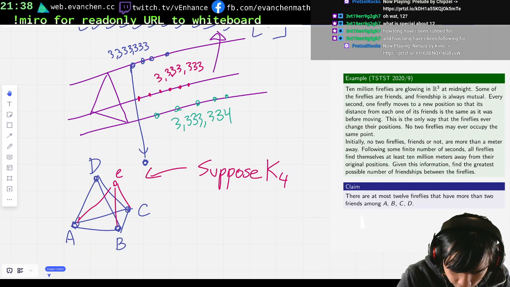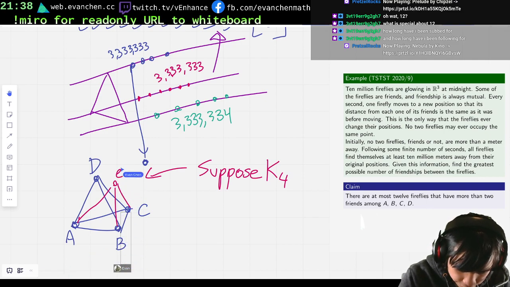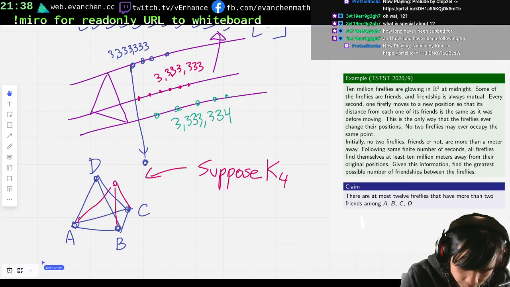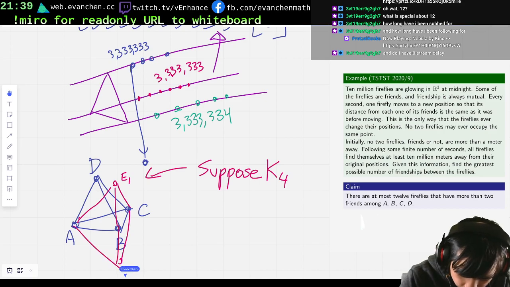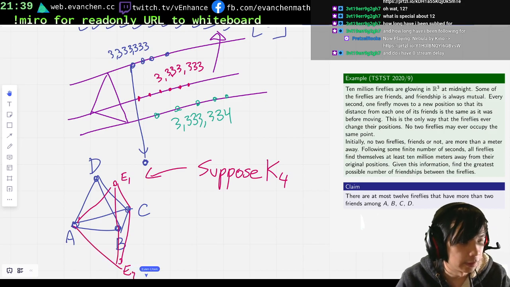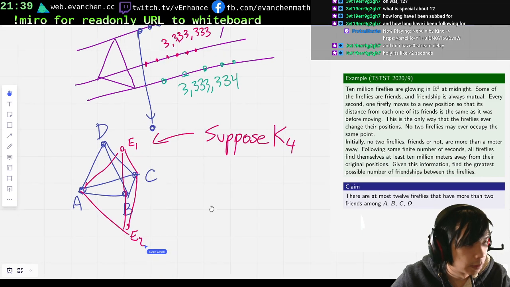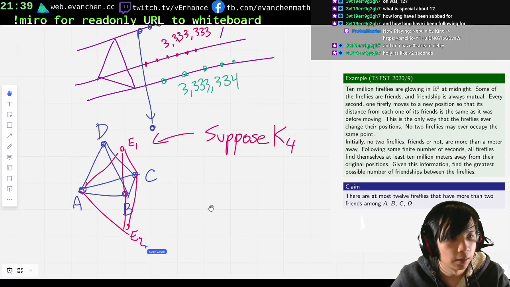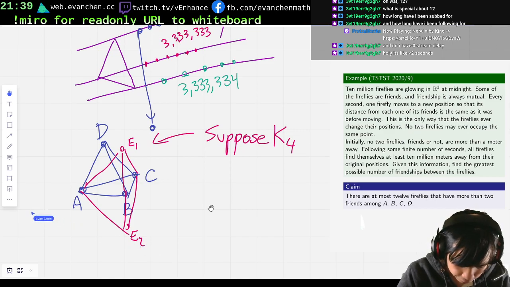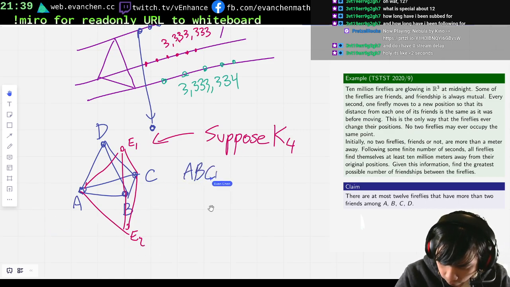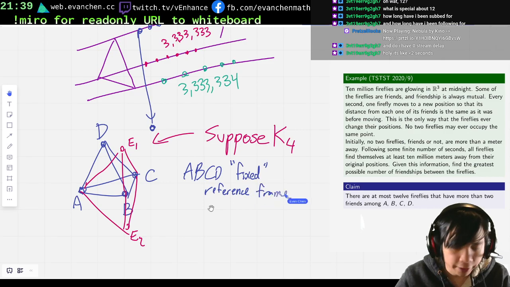For this reason, I want to draw a second E. E is sort of in 2 places relative to the tetrahedron, E1 and so relative to ABC, E can be in 2 places, like this E1 or that E2. So again, I'm treating ABCD as a fixed reference frame, and I'm considering the position of firefly E only relative to ABCD.